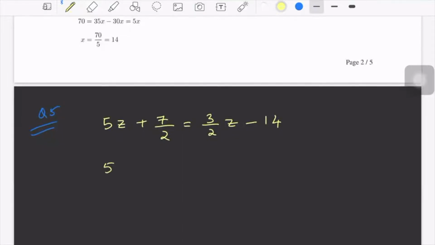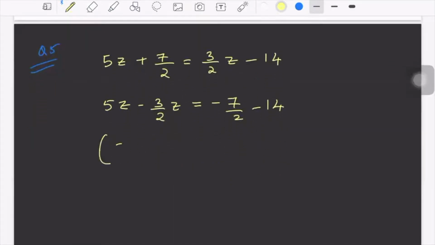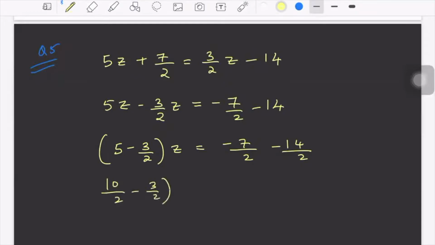So this is 5z minus 3 by 2 z is equal to minus 7 by 2 minus 14. So this is 5 minus 3 by 2 times z is equal to minus 7 by 2 minus 14 by 2.